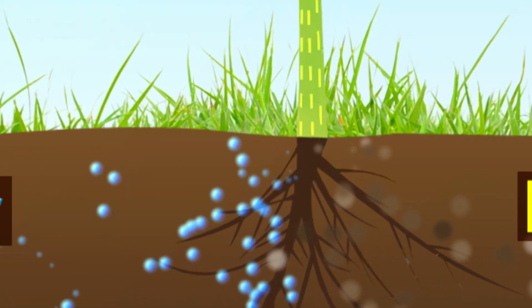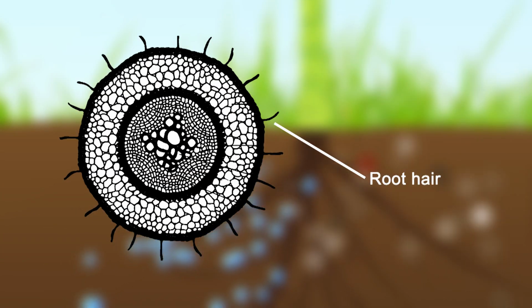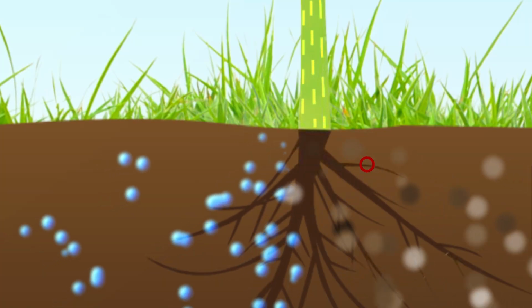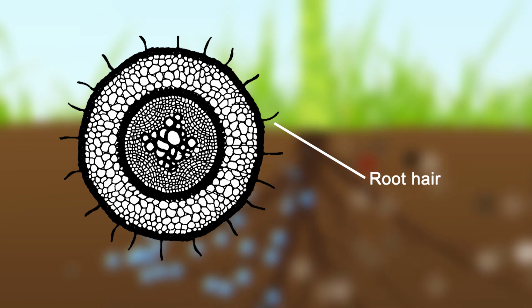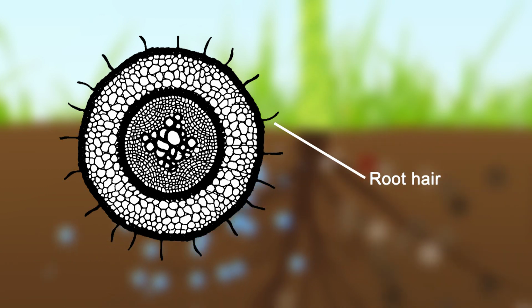Root hairs present in the root help to absorb the water and minerals. This is because the root hair is in contact with the water present between the soil particles, and it increases the surface area of roots for absorption.